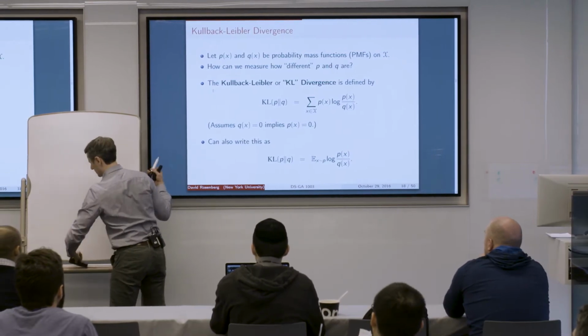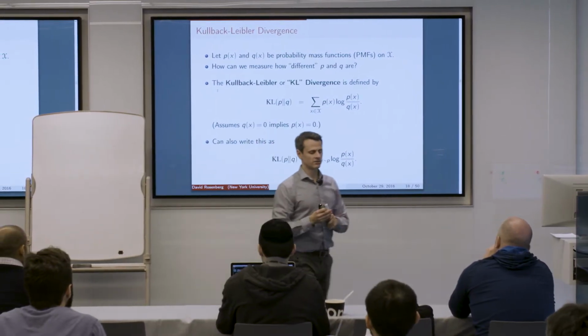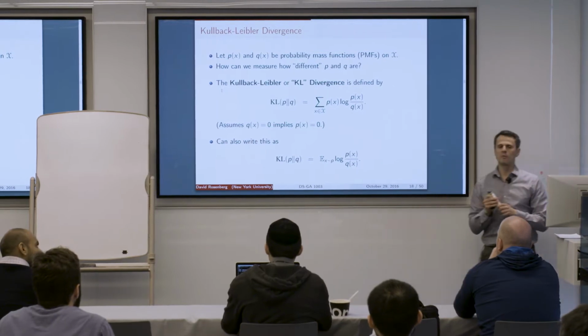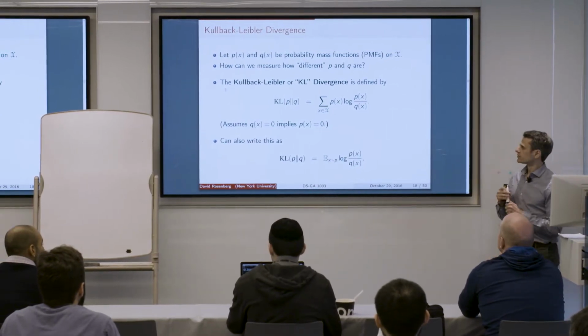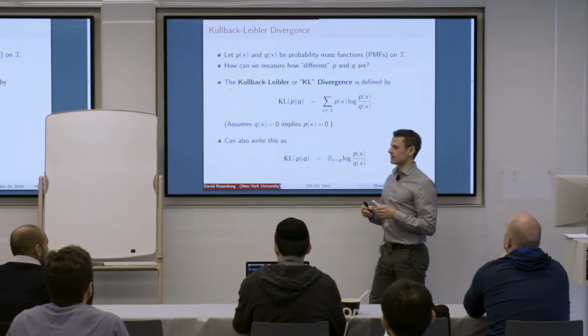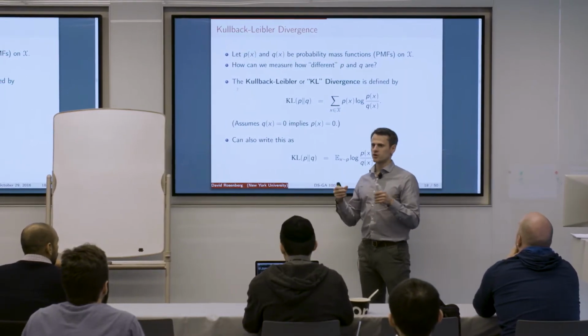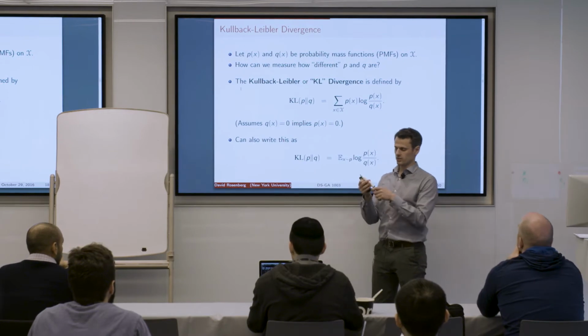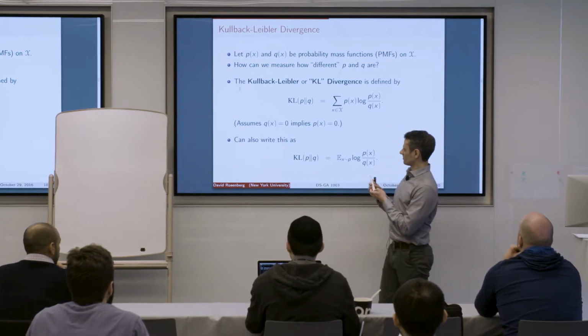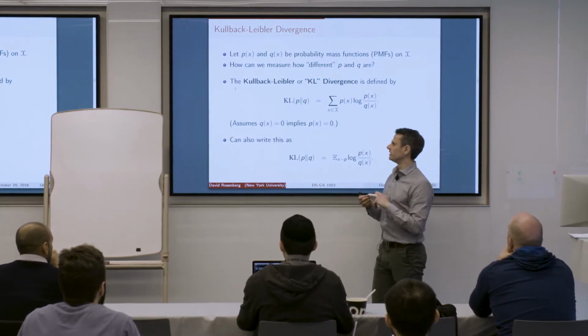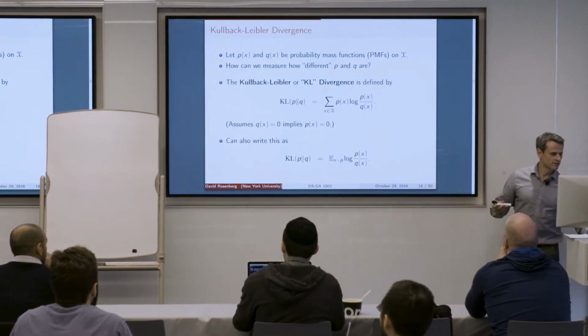In some sense, it's a measure of how different two probability mass functions or probability density functions are. To get it out of the way, it's not a proper distance metric. It doesn't obey the triangle inequality. It's not symmetric, which is probably the most metric-violating aspect.